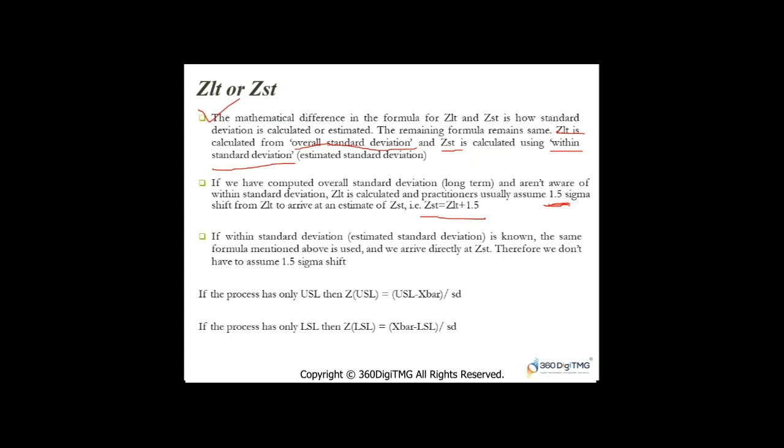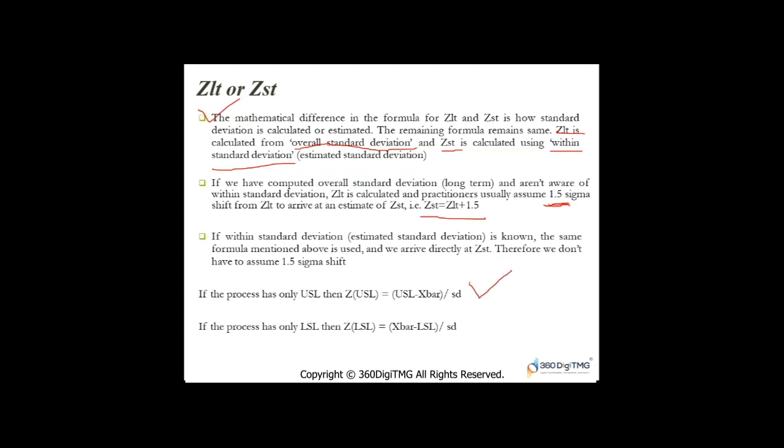If you think that you are going to do an improvement now and it's going to sustain forever, that would not happen. There would constantly be a shift of 1.5 sigma and all the improvements would not stand good. Yeah, it keeps changing. All right.